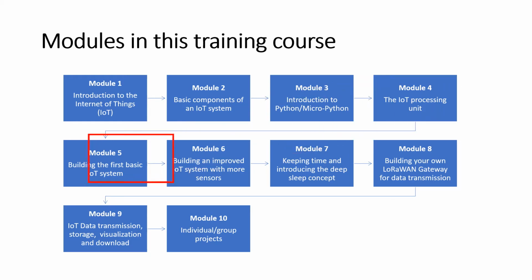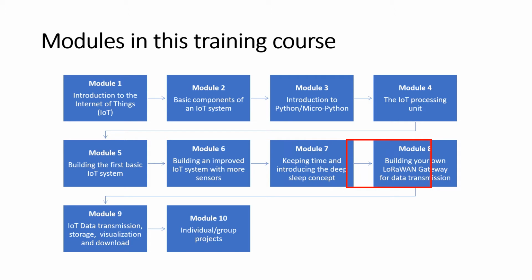Next, in Module 5, we will build up the first basic IoT system. We will then move ahead and build an improved IoT system with more sensors in Module 6. Module 7 then covers two very important concepts in an IoT system: the keeping time concept and the deep sleep concept.